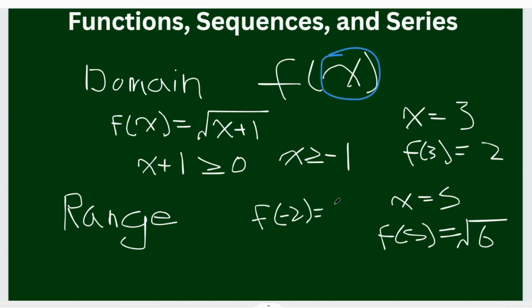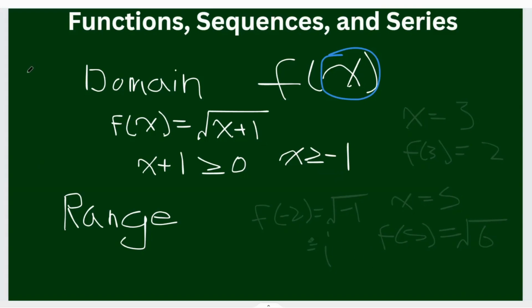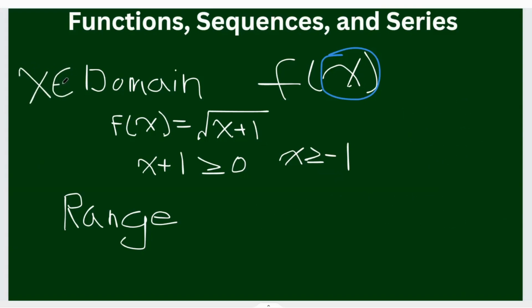Well, then this would equal to square root of negative 1, which is not real. Therefore, you can see that if you don't put a value that is in the domain, you're not going to get a real value for f(x). To summarize it with math writing, you must put x which is belonging in the domain.